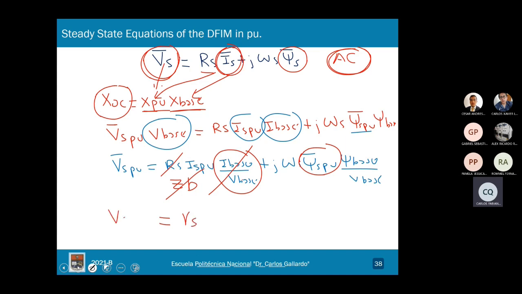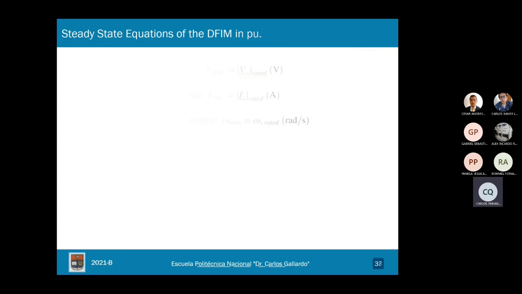So the stator voltage in per unit is equal to the stator resistance times the per unit current, plus j. Now I will replace the flux.